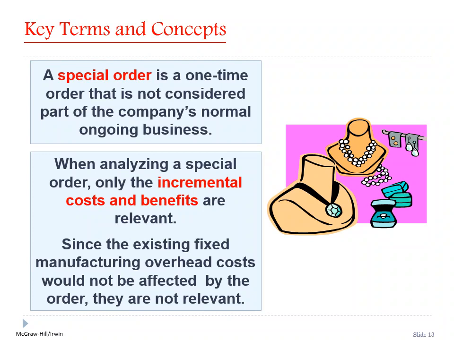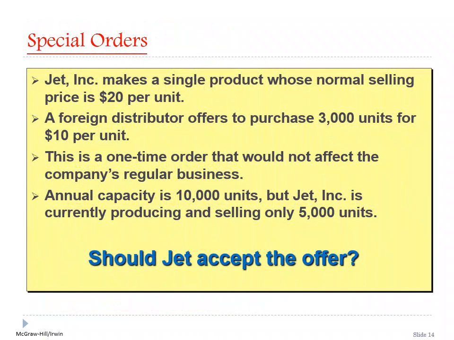Okay, let's see how we can make this decision. We will have this example to show how we can make a decision about whether to accept or reject a special order. It says here, Jet Inc. makes a single product whose normal selling price is $20 per unit. A foreign distributor offers to purchase 3,000 units for $10 per unit.